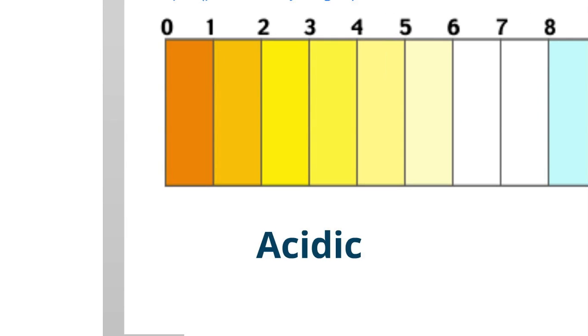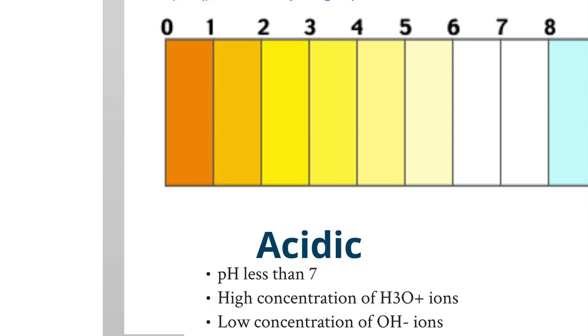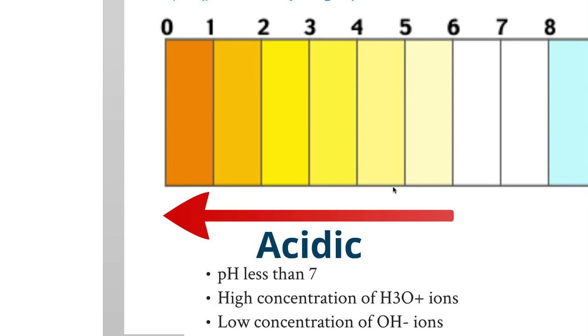Something acidic has a pH less than 7. Alright, so any pH less than 7 is going to be acidic. It's going to have a high concentration of hydronium ions, but only a low concentration of hydroxide ions. So we have battery acid with a pH of 0.